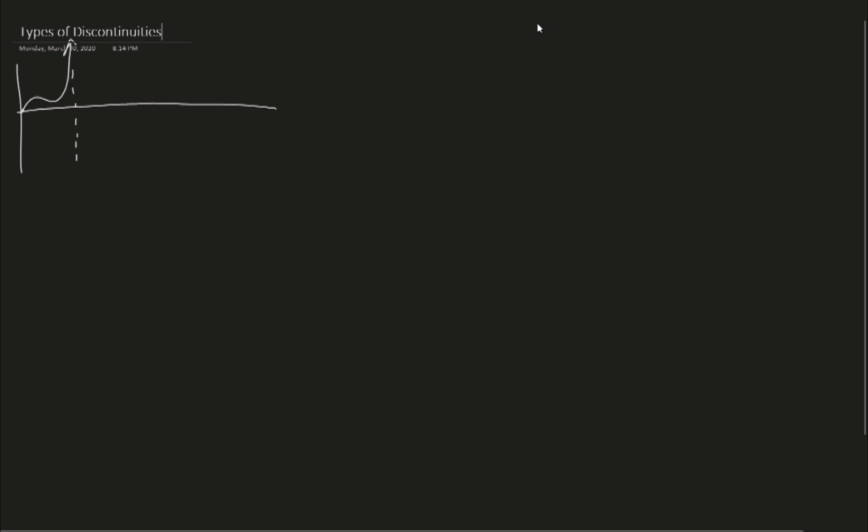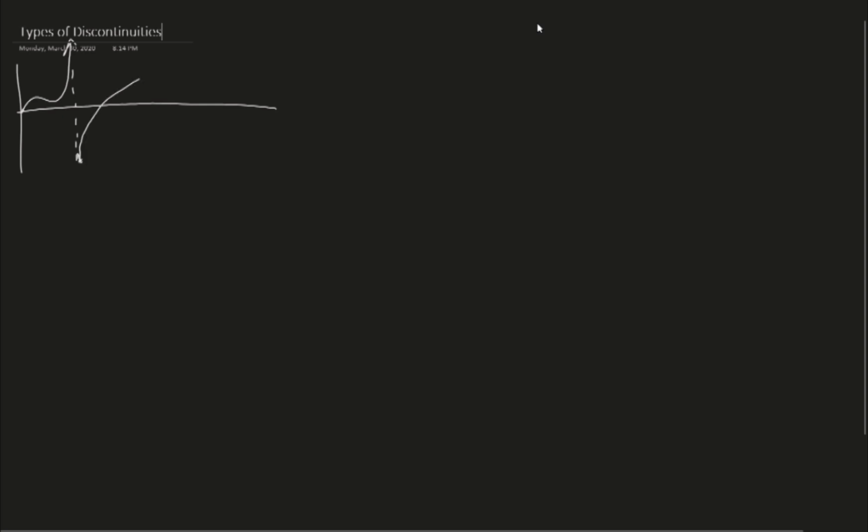Now previously we've looked at several different graphs and we've seen a couple different types of weird behavior. So let's start with something that we looked at really in the first lesson, and that is an asymptote. An asymptote is a type of discontinuity in which one side goes in one direction and the other side could also go in that same direction or go in the opposite direction, but the idea is they're moving towards infinity really quickly.